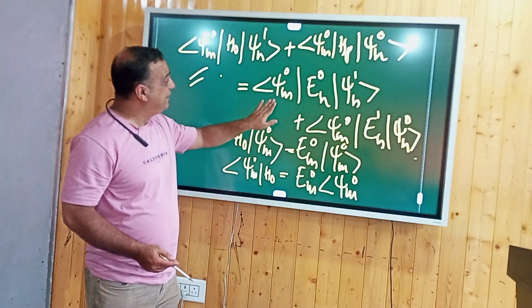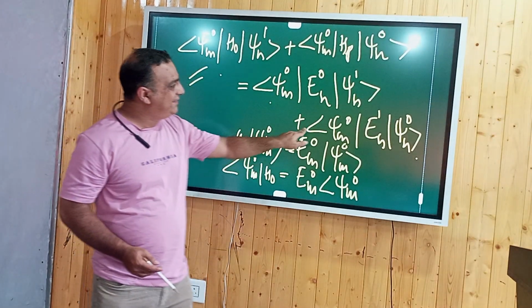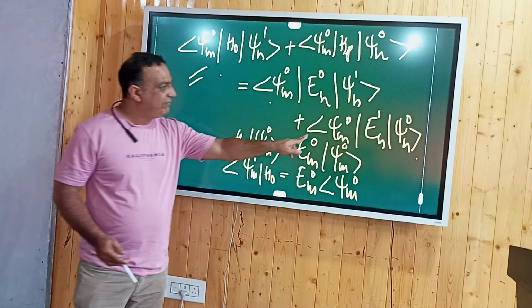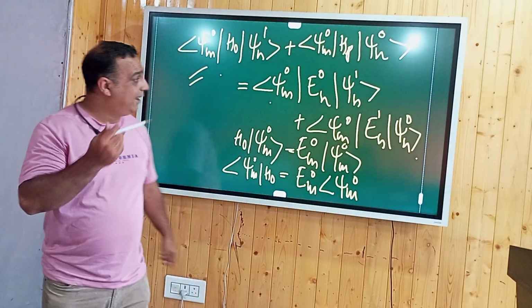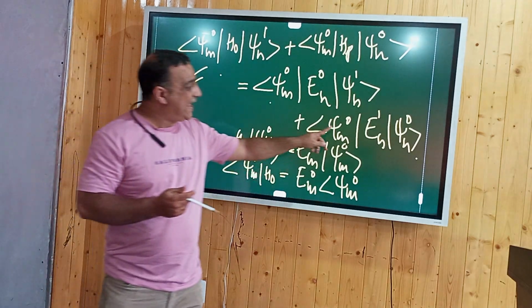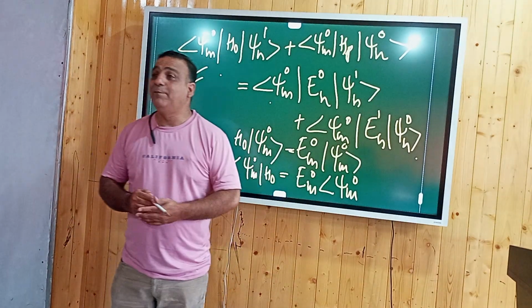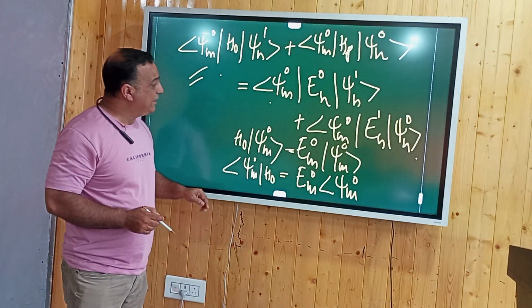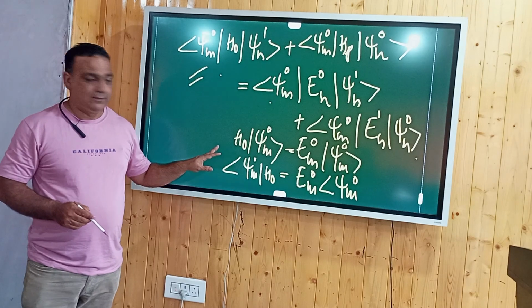So what will be left is psi m naught, psi n1. And this thing will automatically perish. You will tell me why it will perish. Because psi m1, psi m0 does not perish, but their zeros perish. Okay? So what are we left with here in this equation? Come on.